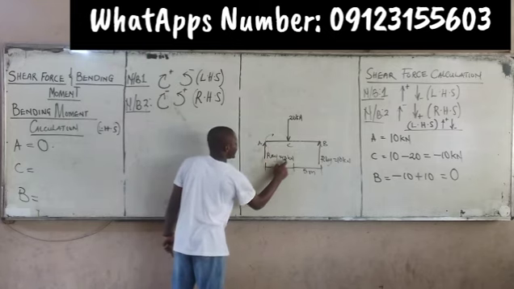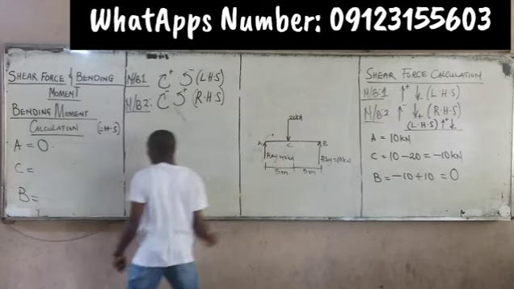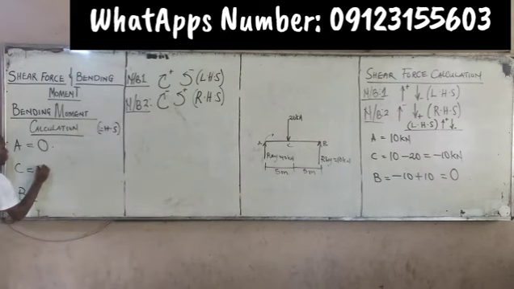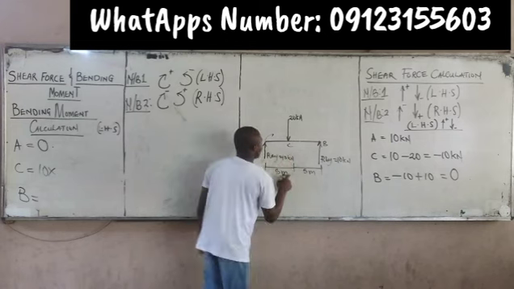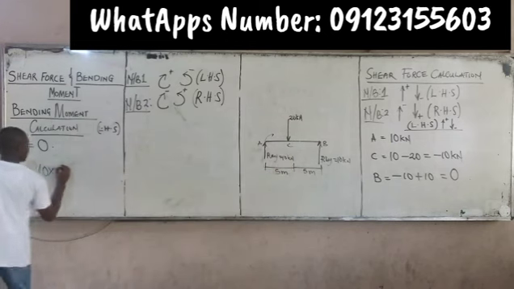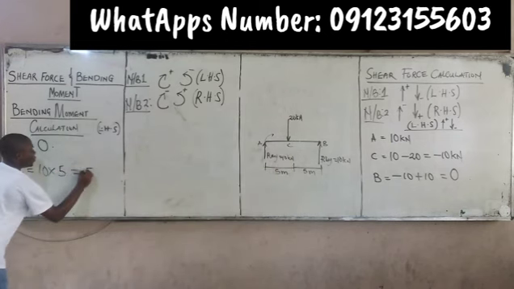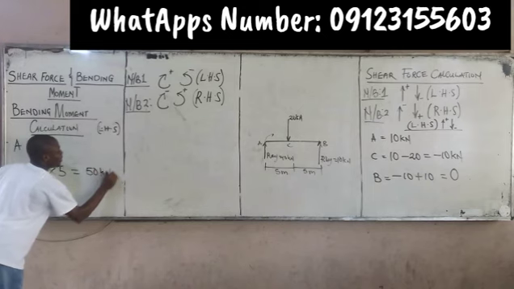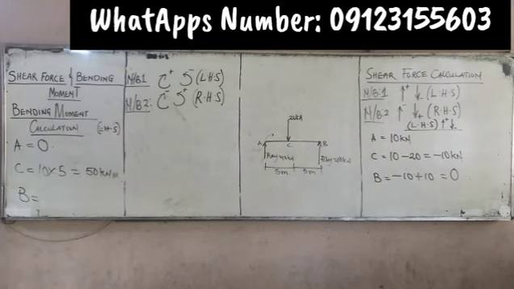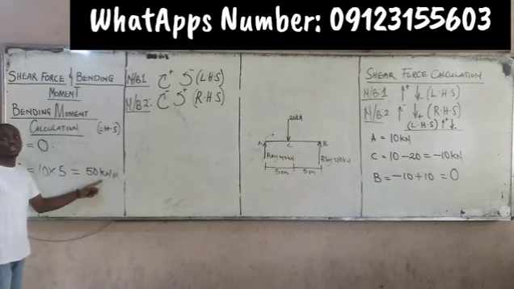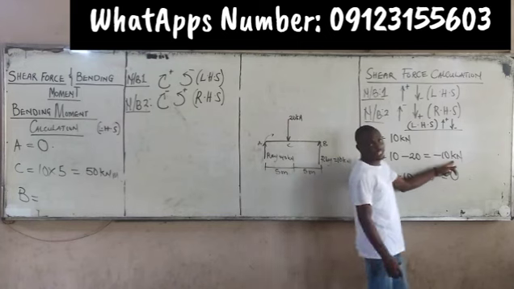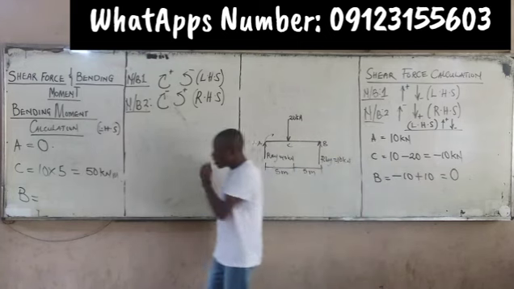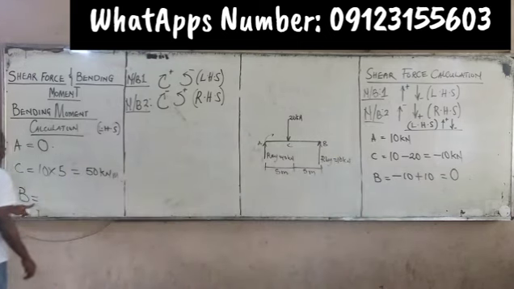So RA is 10, times the distance from here to this point, which is obviously 5. 10 times 5 is 50 kilonewton meter. Alright, when it comes to bending moment, the SI unit is kilonewton meter. When it comes to shear force, it is just kilonewton.